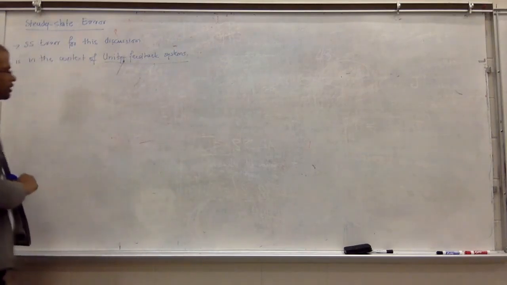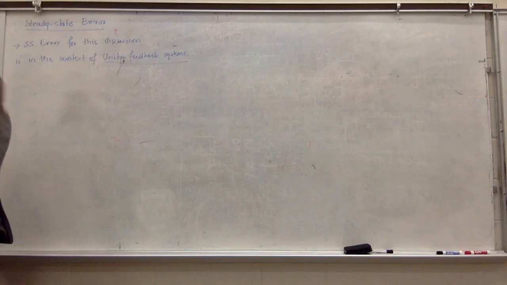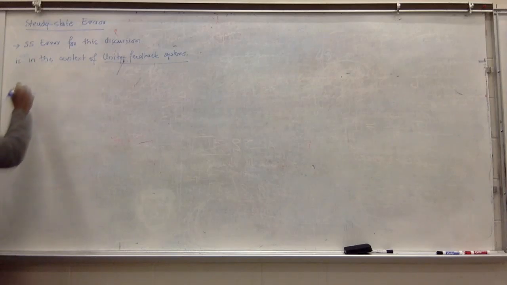So this is very important. We're limiting our definition and discussion to unity feedback systems. The expressions we have derived are specifically for unity feedback systems. And what we looked at is steady state error.